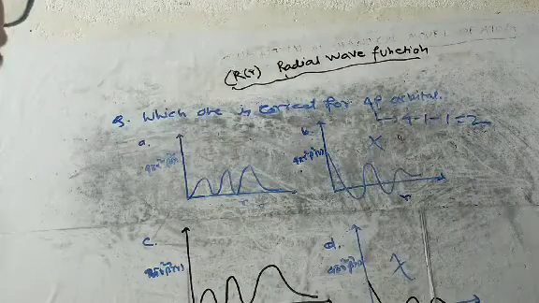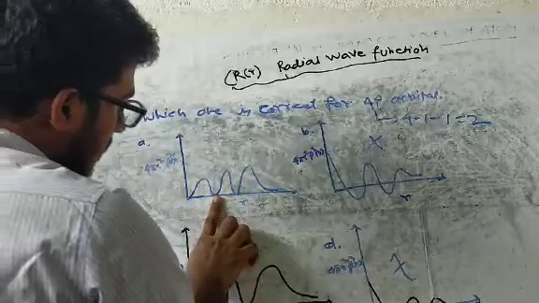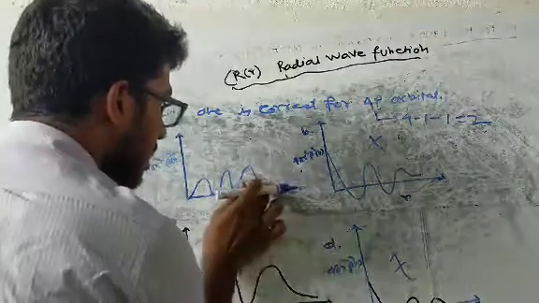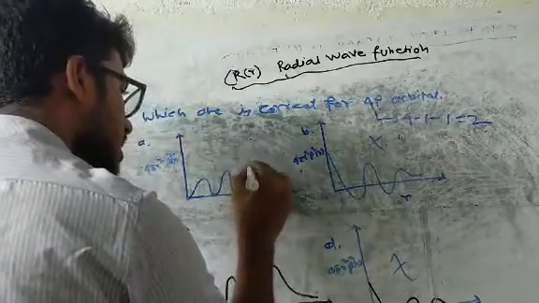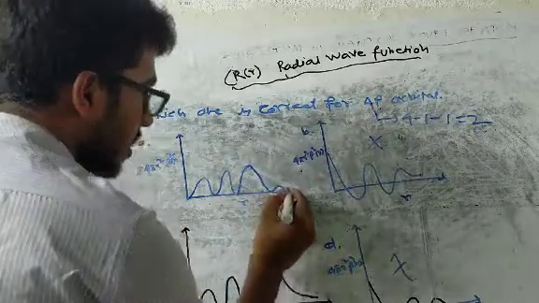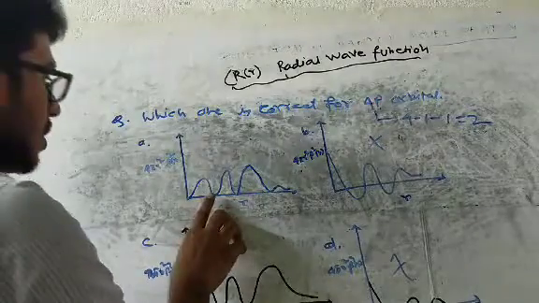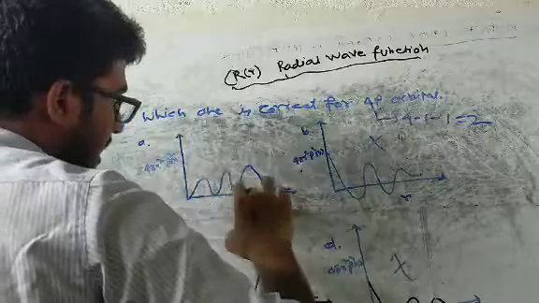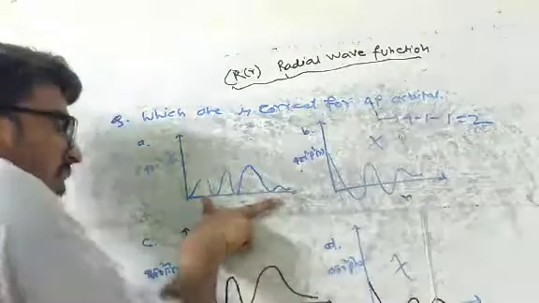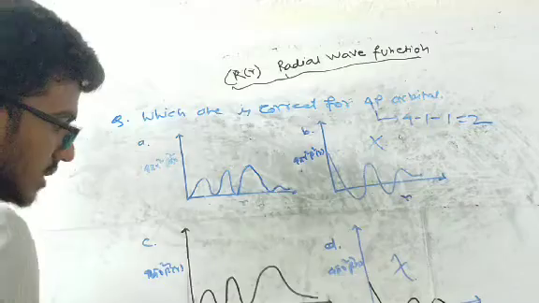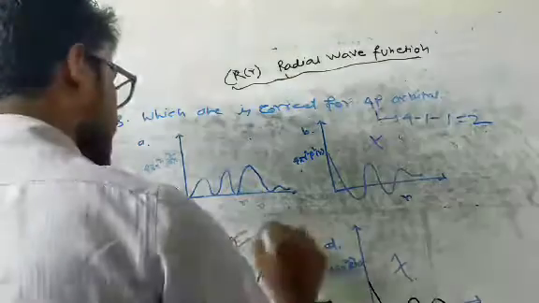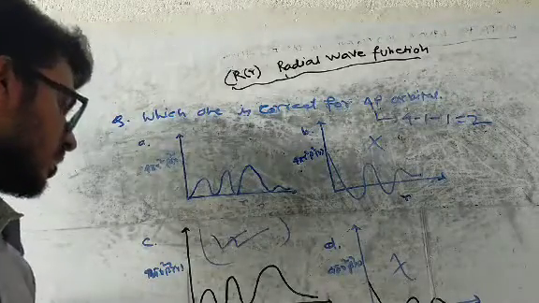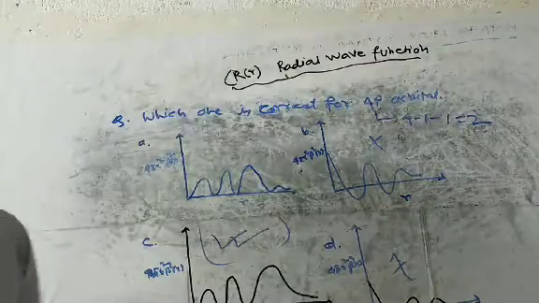In this graph the curve touches the r-axis 3 times, which represents 3 nodes, but here only 2 nodes are present. So that's why option C is the correct representation of the 4p orbital's radial distribution function, the square of the radial wave function. Okay, so thank you everyone.